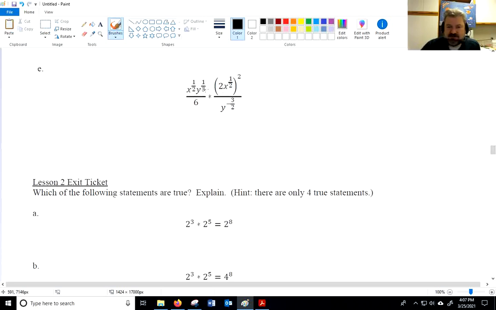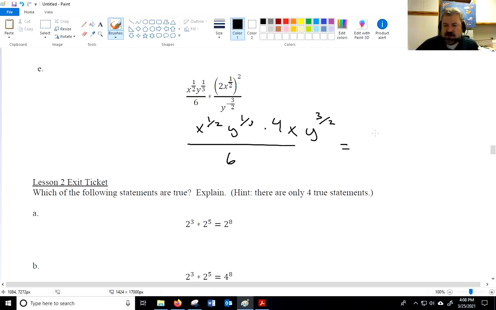All right, now on this one here, we have a little bit to do, actually. x to the 1/2, y to the 1/3 times 4x, and I'll bring this negative exponent up. All right, so when we add this, we'll get x to the 3/2. 1/3 plus 3/2 is... I'm tired of doing this in my head.